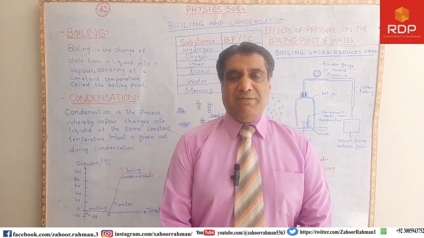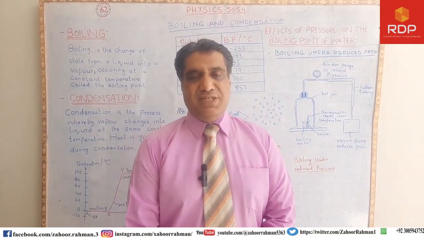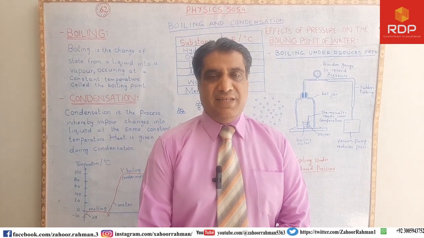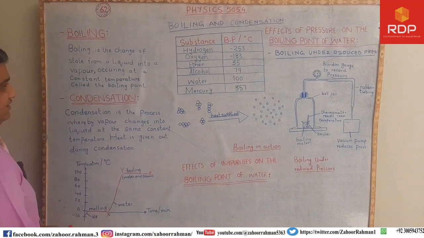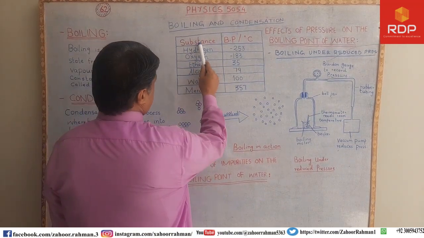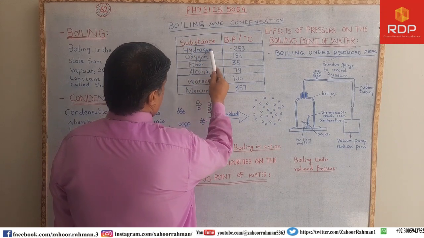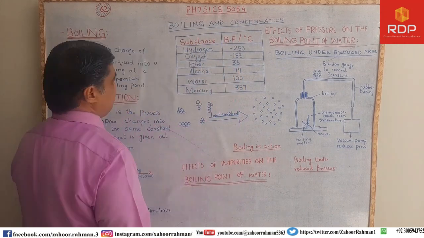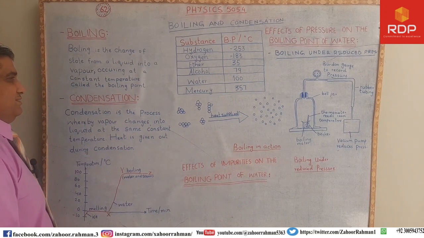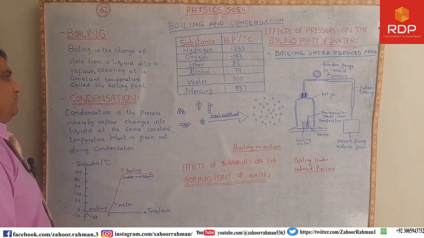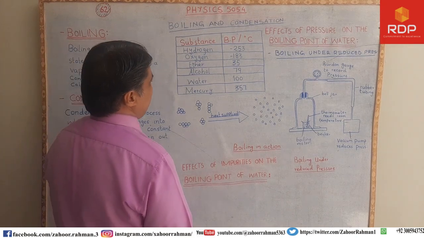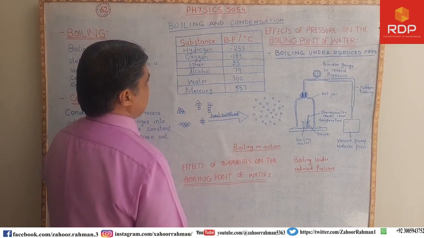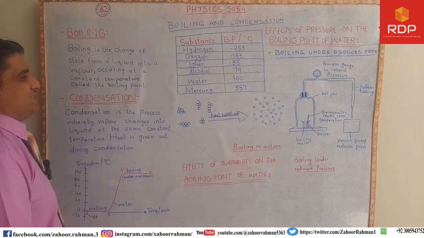So boiling points of different materials are given in this table, and you can see that the table is showing the name of substance: hydrogen, which is boiling at minus 253. Very amazing. Minus 253 degrees Celsius is the boiling point of hydrogen, and similarly oxygen is boiling at minus 183, which is also very amazing.